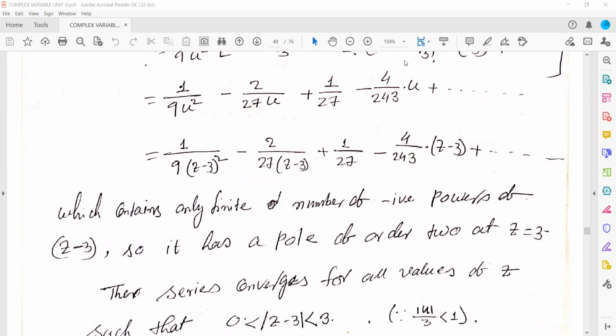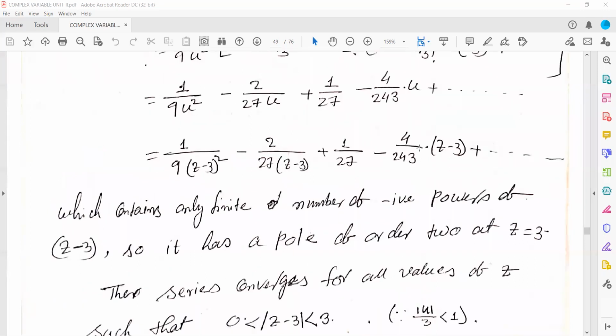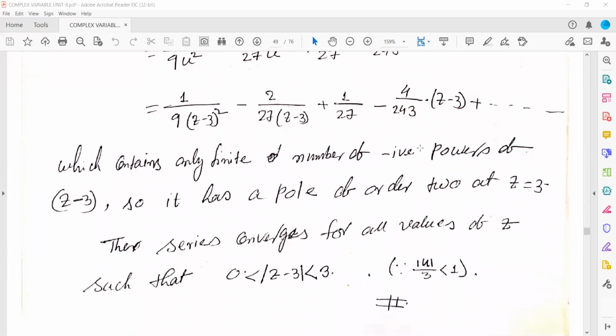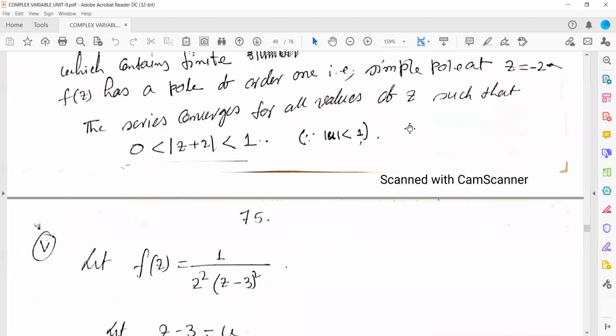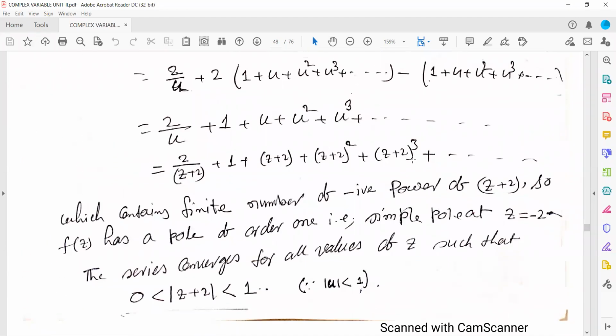Okay. Then you need to check whether the series converges, and for what values of z. Here it is very simple.